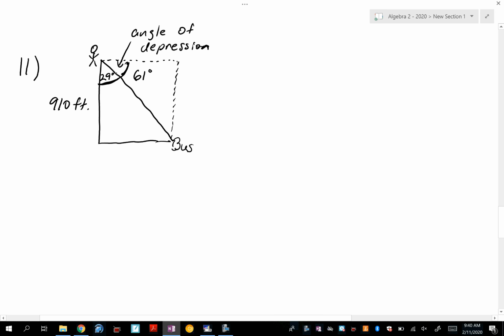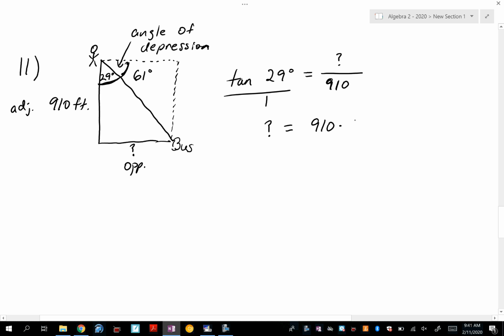All right, so if I'm trying to find the distance from the base of the skyscraper to the tour bus, which is here, I have the adjacent side for that angle, and I'm looking for the opposite side. So I'm going to do the tangent of 29 degrees equals, I don't know, over 910 feet. Okay, so if I do my proportion, I get my unknown, which I'm solving for, equals 910 times the tangent of 29 degrees.